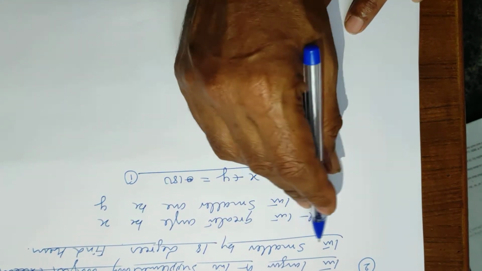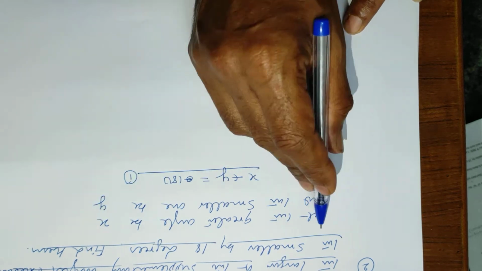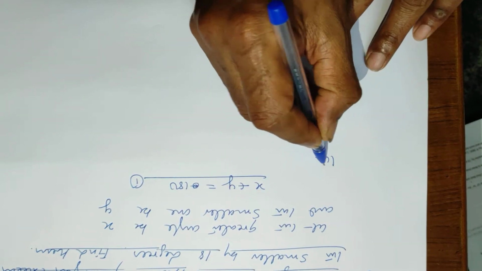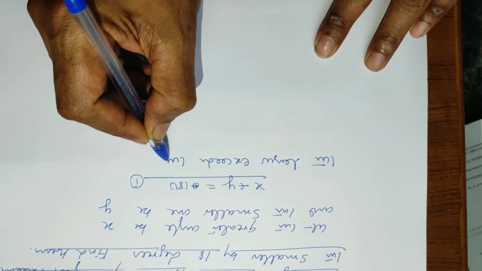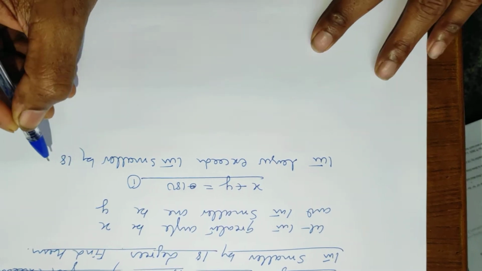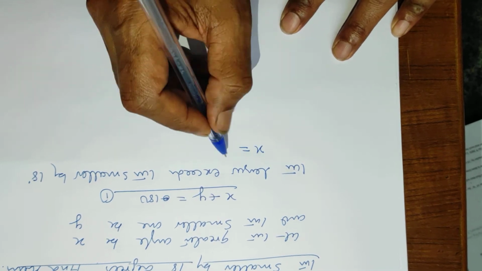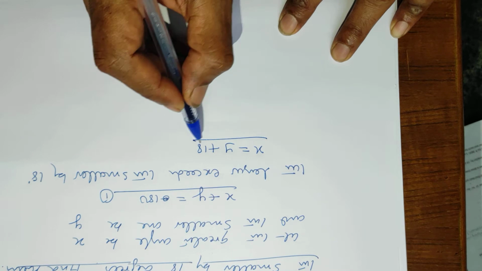Another relation: the larger exceeds the smaller by 18 degrees. So the larger means X is 18 degrees more than Y.